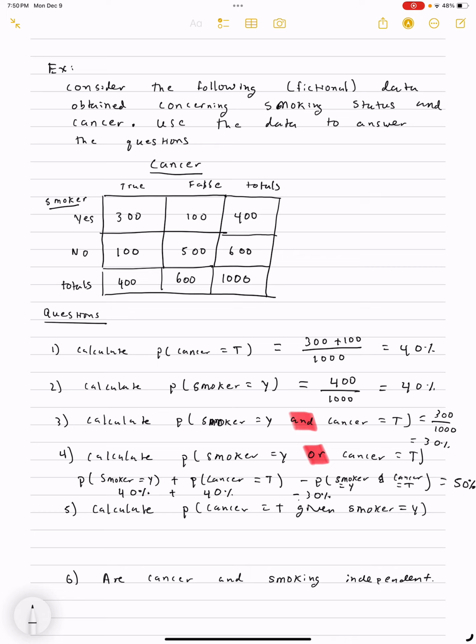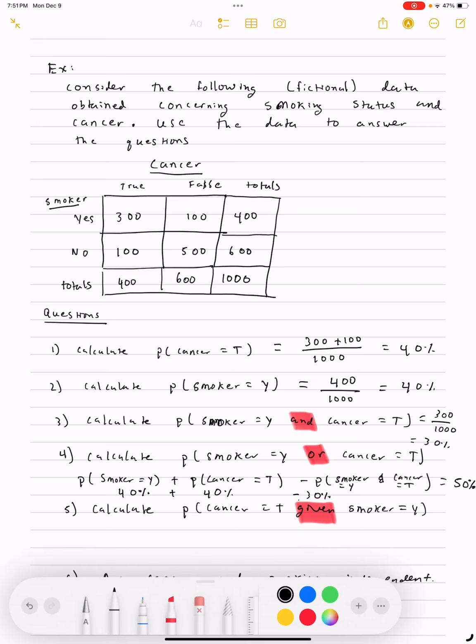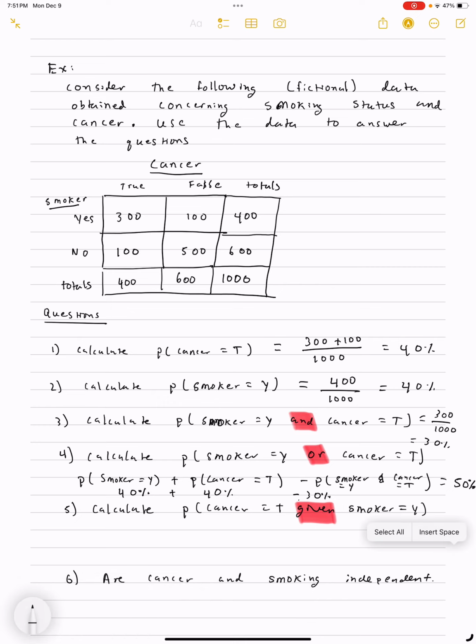Okay, now for the last one, it asks us to calculate the probability that cancer is true, and here the keyword is "given". So it's a conditional probability, and how we calculate conditional probabilities is we're going to calculate the probability of both cancer is true and smoker is yes, divided by the probability of smoker being yes.